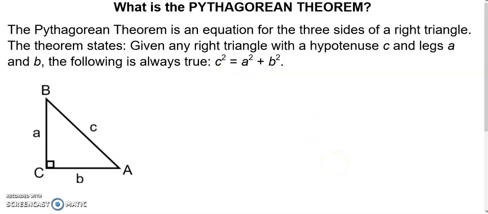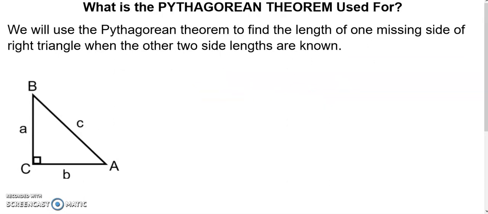Some people say A squared plus B squared equals C squared, and that's not wrong, but I like the one above it better because in later lessons putting it in this order will make those lessons a lot easier.